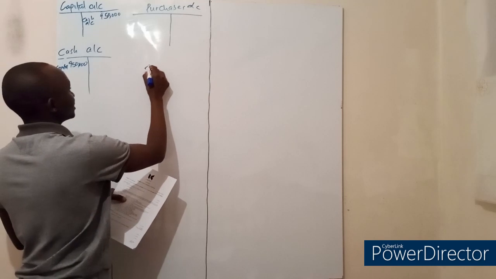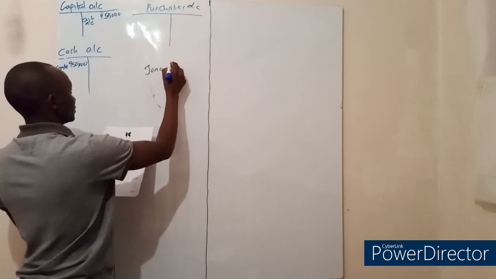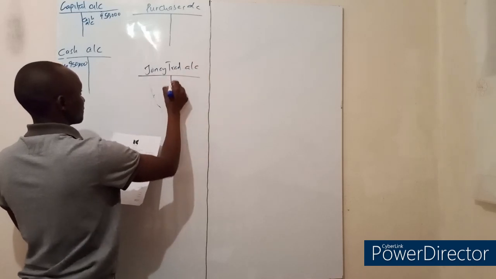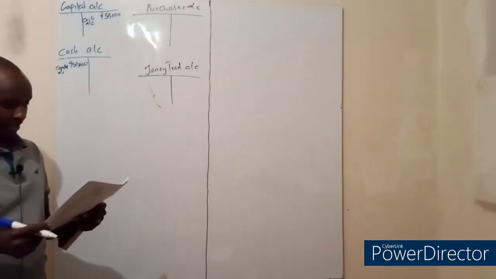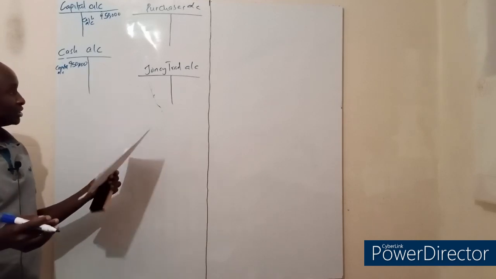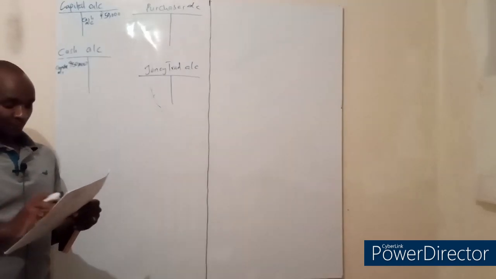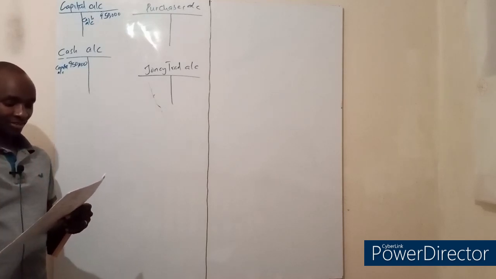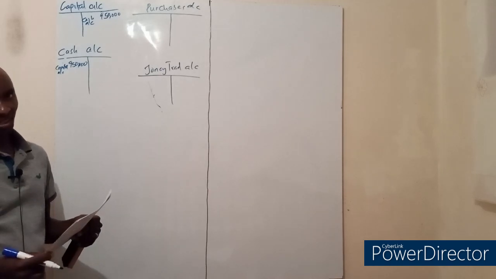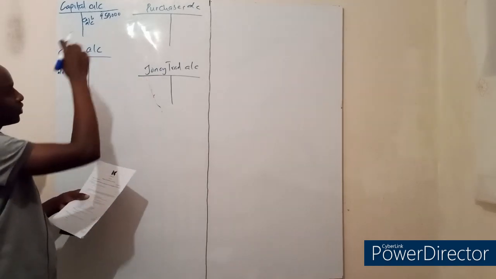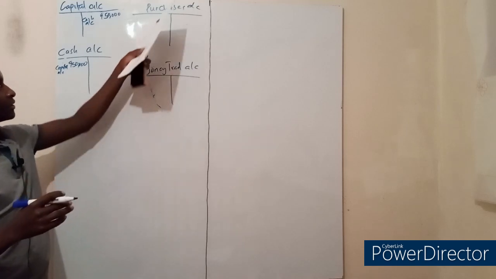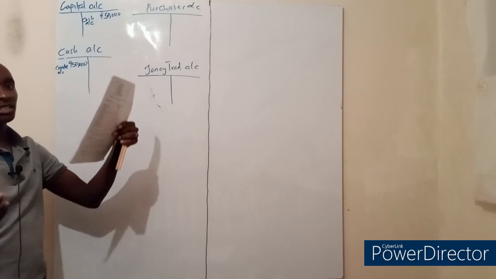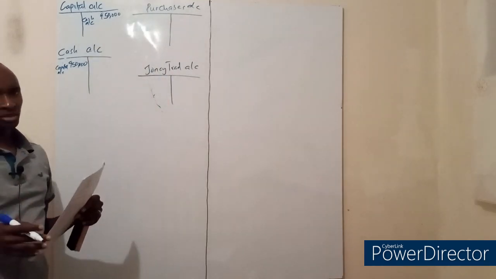So come here and write Johnson Traders account. So which account are we debiting and which one are we crediting, right? If we purchase goods, it means that our purchases account is increasing while Johnson's account is increasing as a liability. Remember, the goods I've got are our assets, right? They have debit balances.